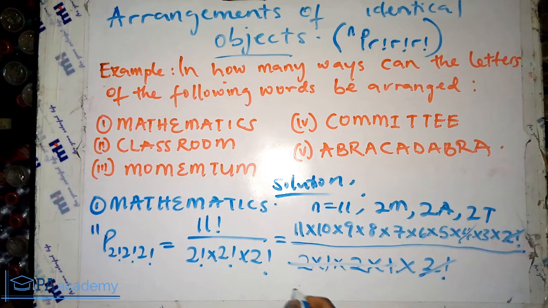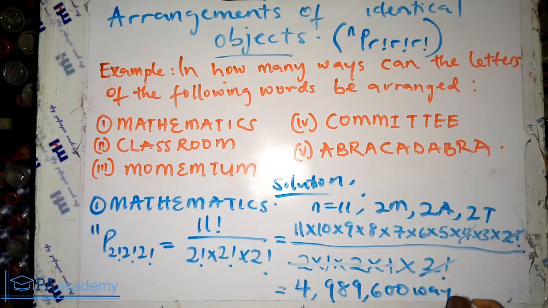Once we press that in our calculator, we should have 4,989,600 ways. So that's the solution to question number 1. That means the word mathematics can be arranged in 4,989,600 ways.